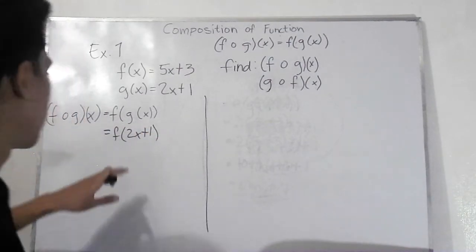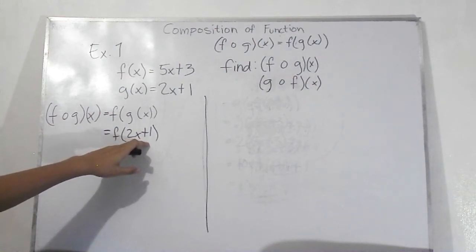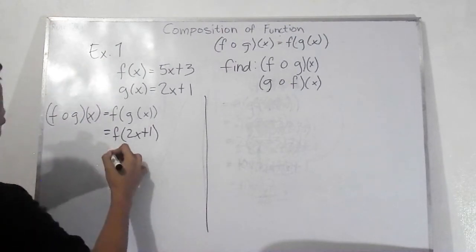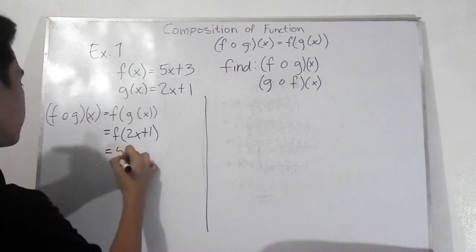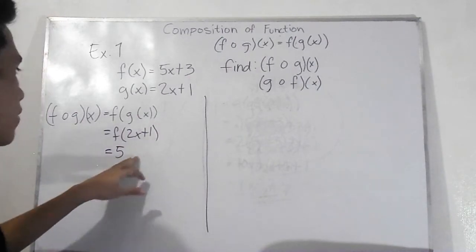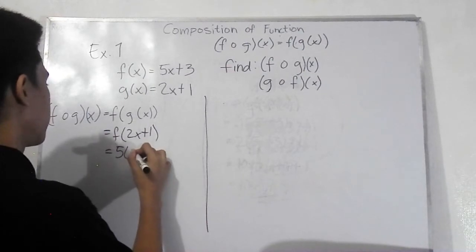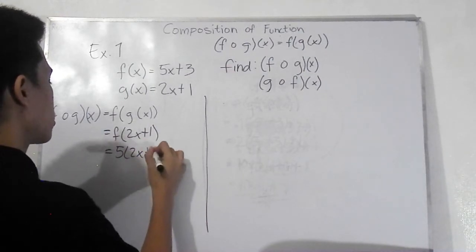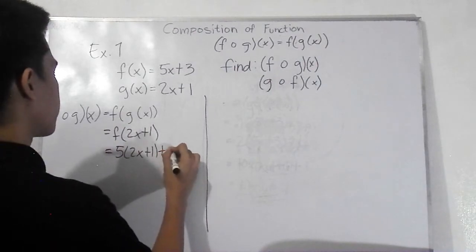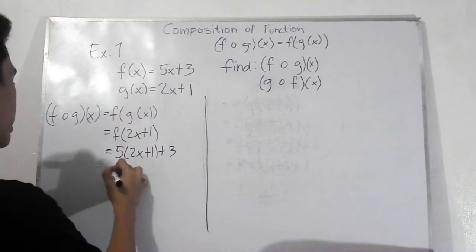Next, this value here will be substituted in the value of f of x. So we will now get 5 and the input is 2x plus 1. Copy positive 3.